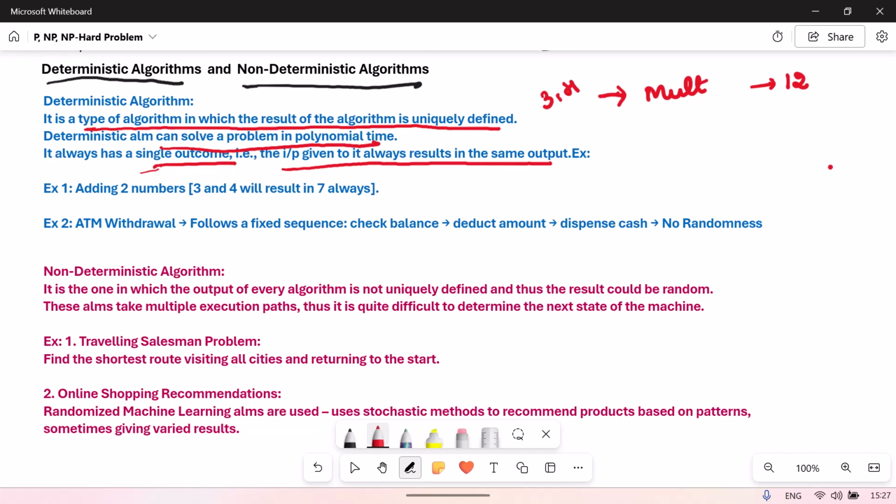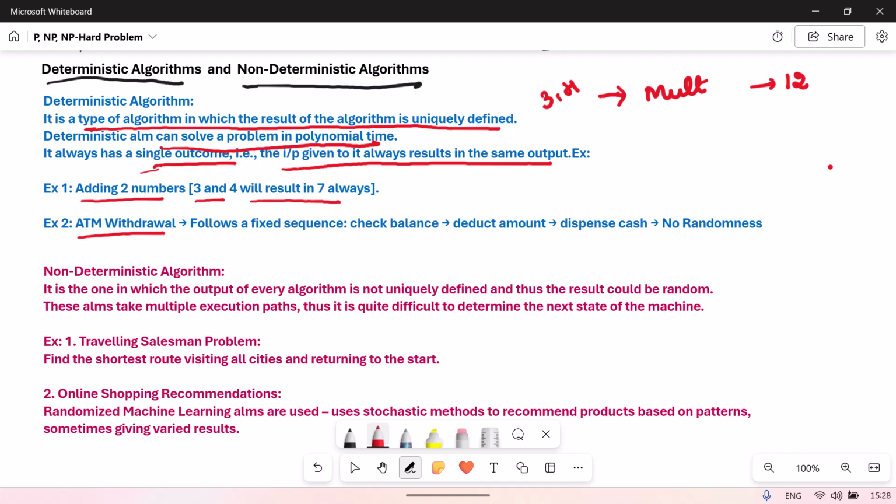Take the example I gave, adding two numbers: 3 and 4 will always give me 7 no matter how many times I run the code. One more example, to relate this to real life, is an ATM withdrawal.